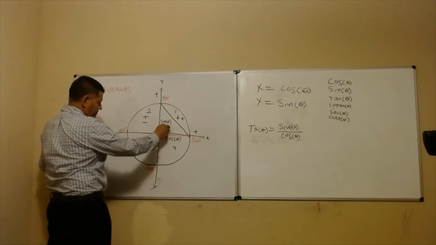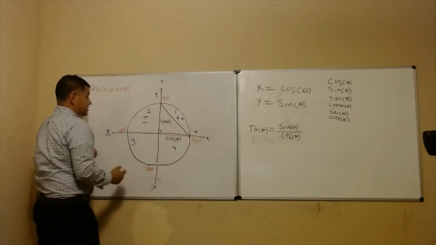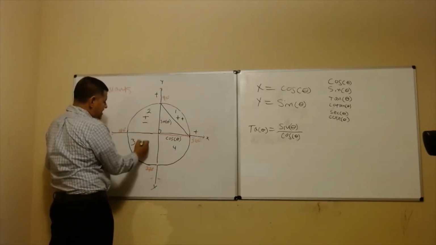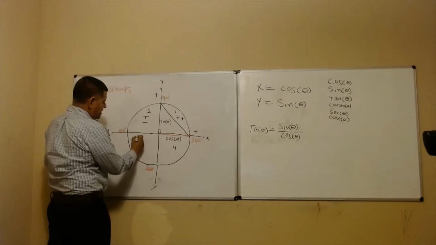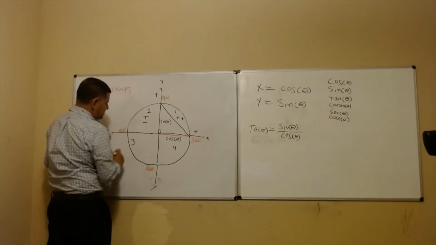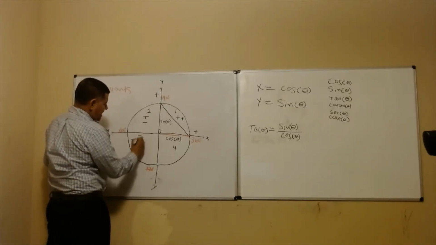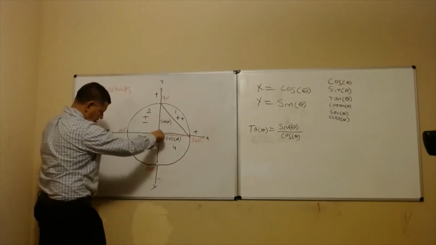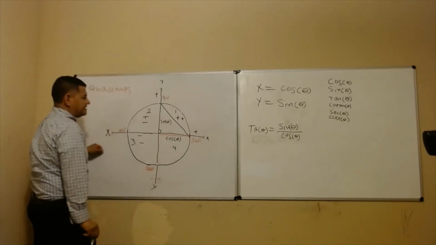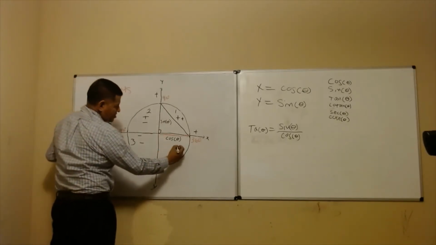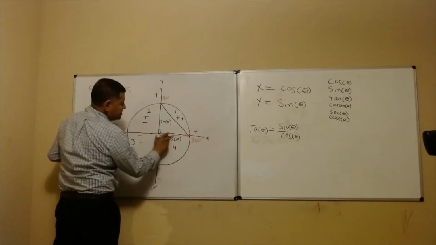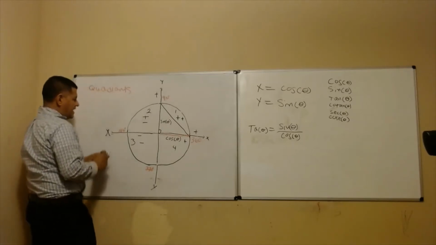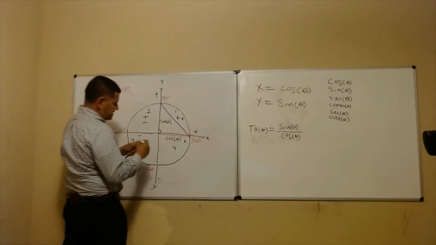Now look at the third quadrant. Cosine is negative and sine is also negative, because x is negative and y is negative. Over here, cosine is positive and sine is negative.